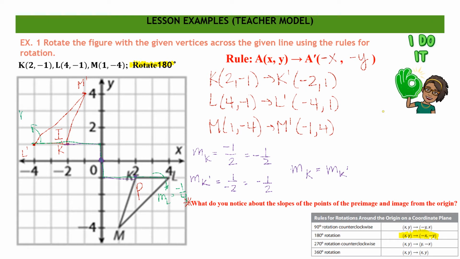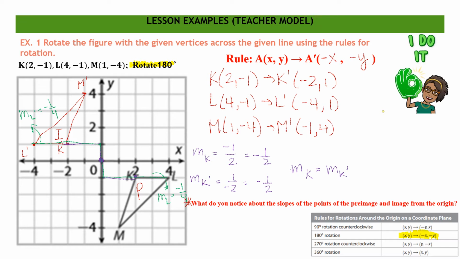So the slope here for L prime would be also negative 1/4. So that means that the slope is going to be equal from the pre-image to the image points in any rotation that is 180 degrees counterclockwise. So that leads us to say that all rotations of 180 degrees have equal slopes from the pre-image to the image.